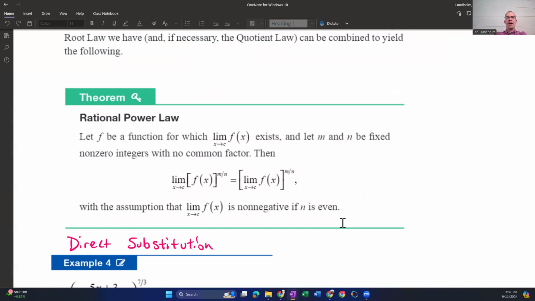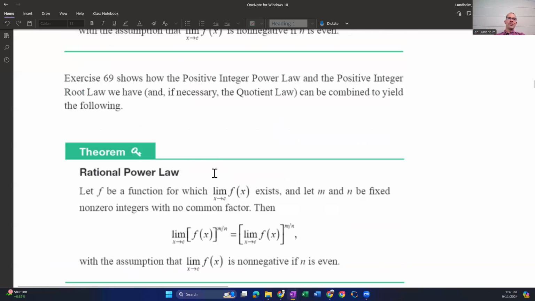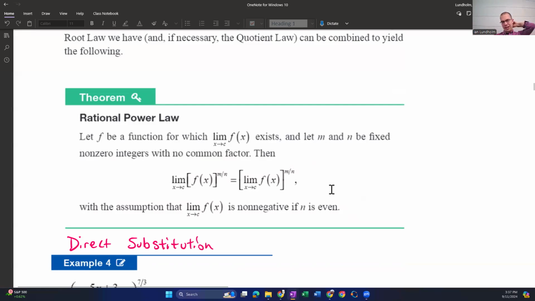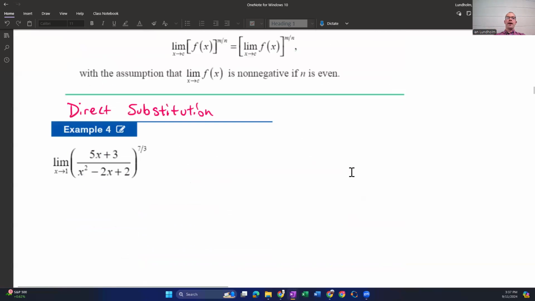The rational power law is a combination of the power law and the root law, so we can have rational powers and those things can be pulled outside the limit if we want to as well. Okay, so, a bunch of limit laws. These things work nicely. We can break them apart. That's the big idea for those limit laws.